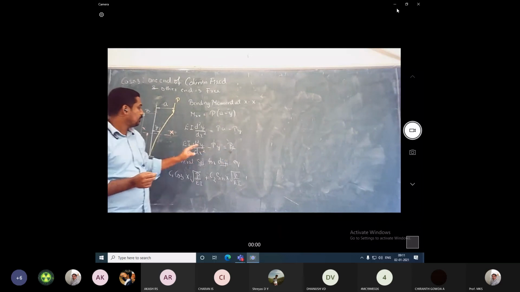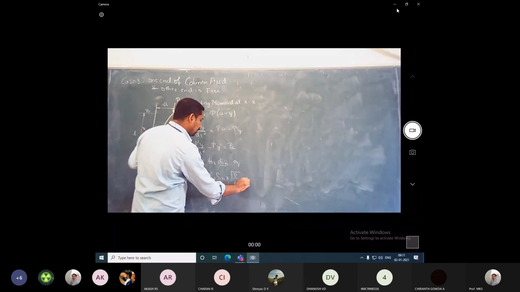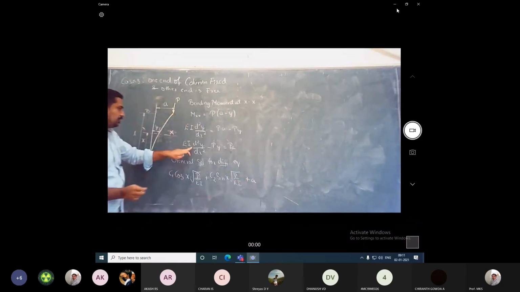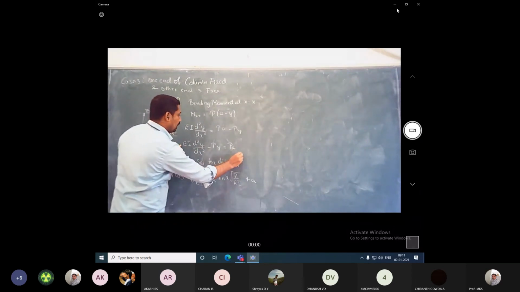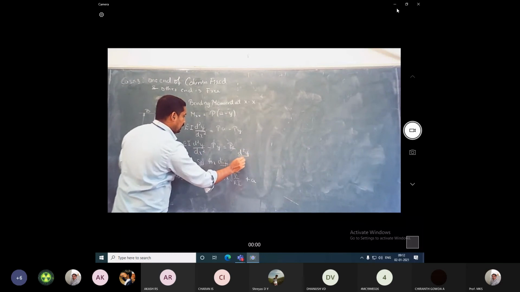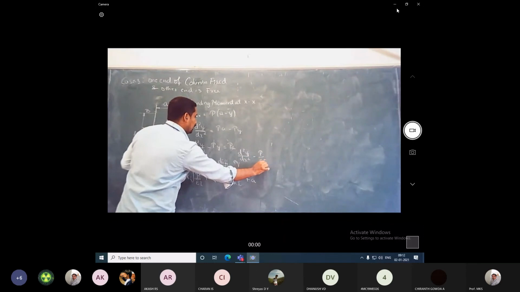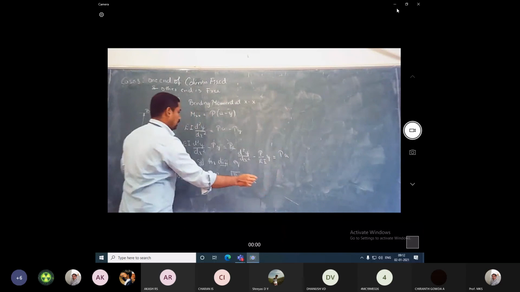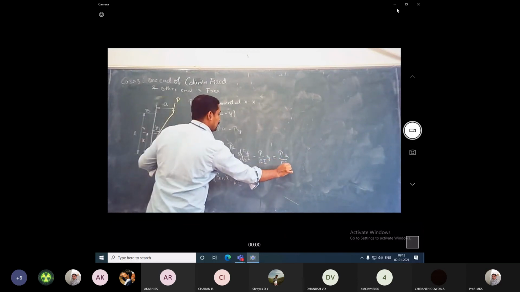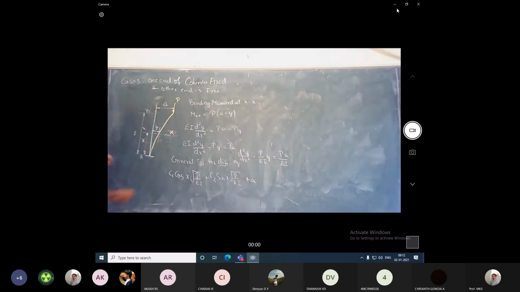When P by EI comes to this side, it will be remaining with only a. You can reduce this equation to one more form: d square y by dx square minus P by EI into y will be equal to P into a divided by EI. This P by a will get cancelled, remaining with only a. This is the equation for deflection y.